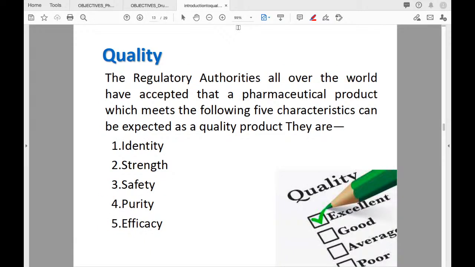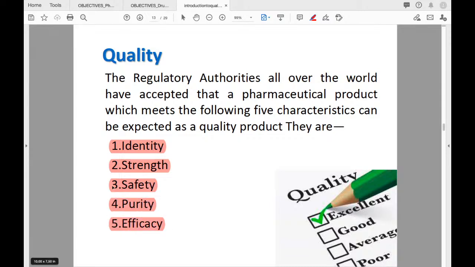Further, regulatory authorities all over the world have accepted that pharmaceutical products which meet the following 5 characteristics can be expected to be a quality product. Which are their identity, their strength, their safety, their purity, and their efficacy.